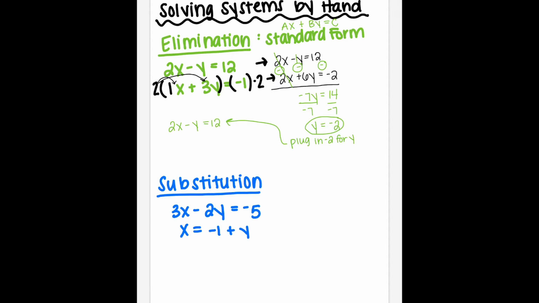So this was our original equation. I'm going to plug in -2 where this y is. So I'm going to have 2x minus, and now I'm plugging in -2 for y. And simplify until you have solved for x. So this is 2x plus 2 equals 12. Subtract 2 on both sides, and we get 2x equals 10.